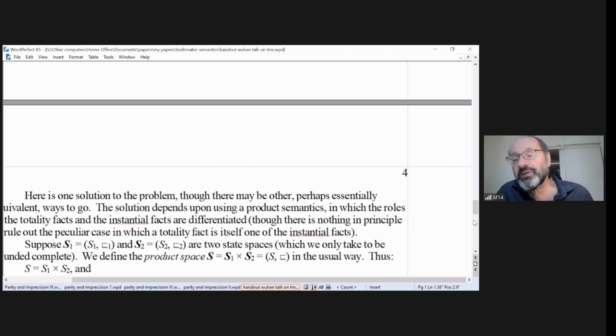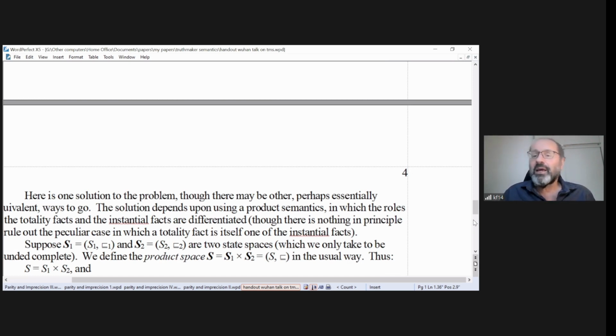It will be a state space of totality facts. And this state space will only be bounded complete, because I don't want there to be fusions of distinct totality facts in that state space. Because then totality facts can no longer be playing the role we want them to play, which is telling us what the other state should be.